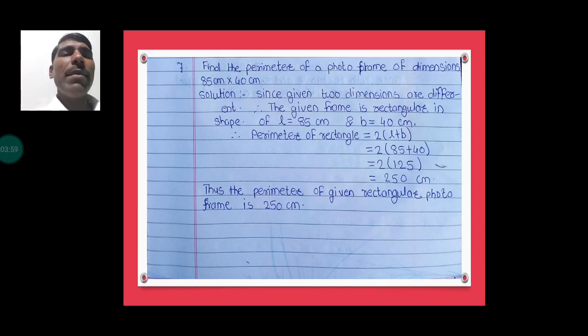Therefore the perimeter of a rectangle is equal to 2 in bracket L plus B. Substituting the values, we will get 2 in bracket 85 plus 40.